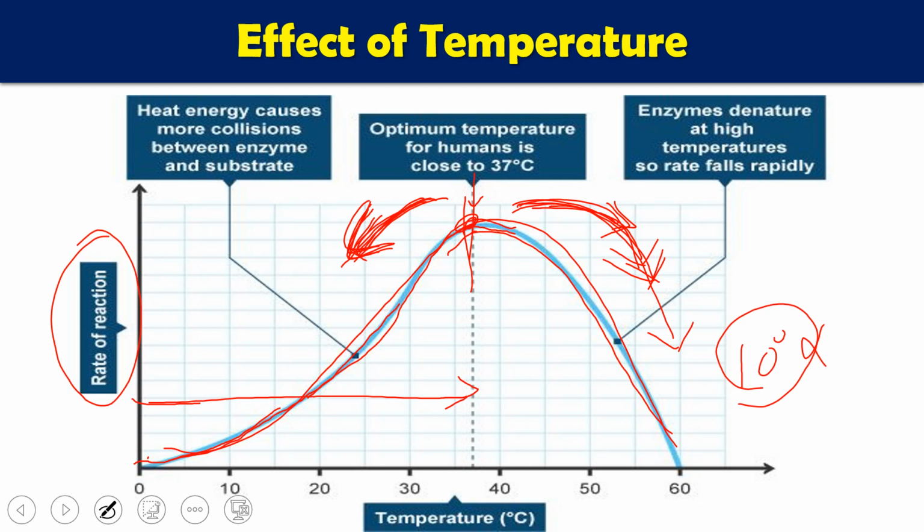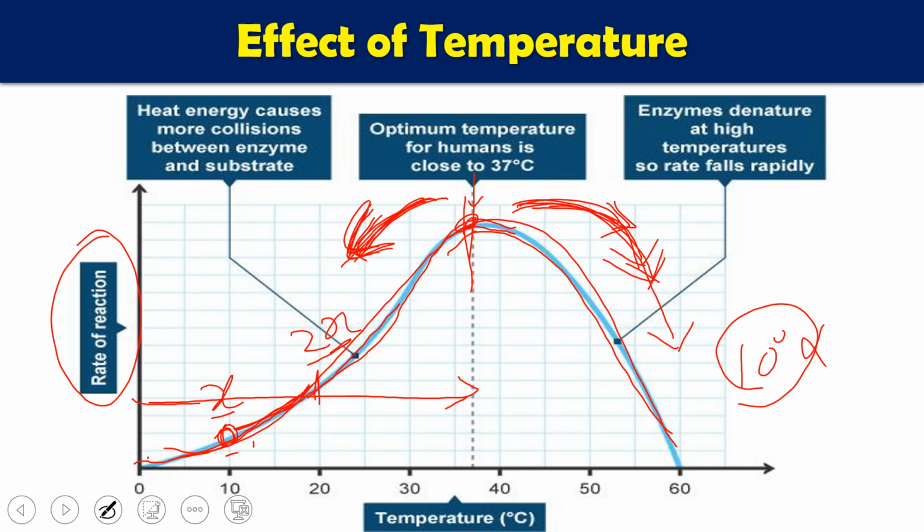Like in this case, if enzyme activity at 10 degrees is x, and when I increase the temperature to 20 degrees it becomes 2x, then for this 10 degree rise the rate has doubled, so Q10 is 2, meaning the temperature coefficient is 2 here.